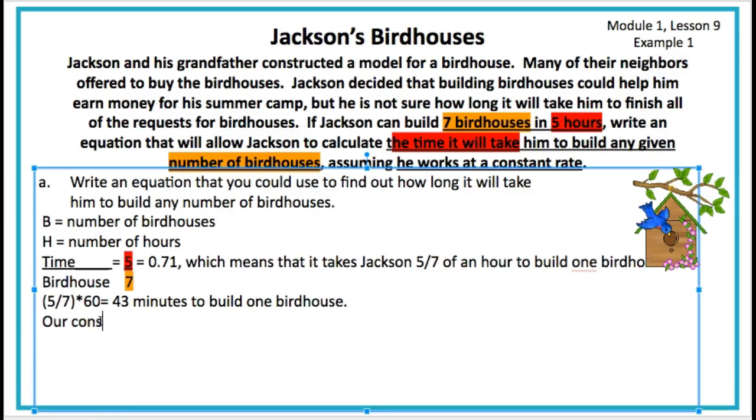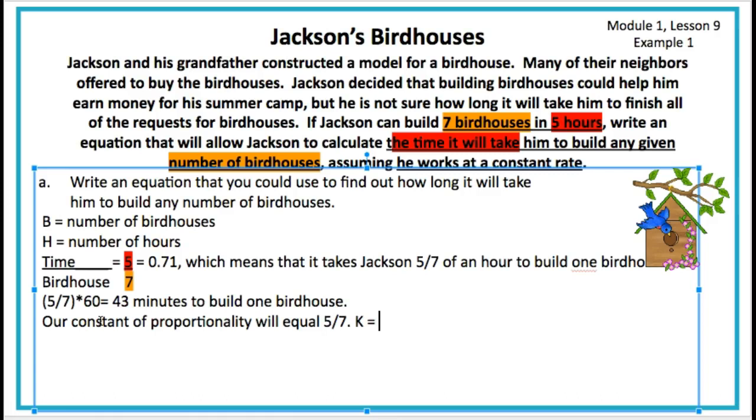Our constant of proportionality will equal 5/7.